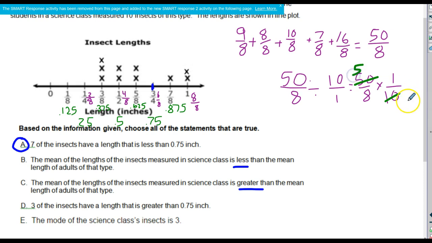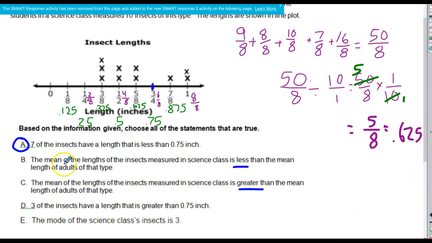The 50 becomes 5. The 10 becomes 1. So this can simplify down and turn into 5 eighths. Okay, and again, if I look over here, 5 eighths, I've already figured out that's the same as 0.625. So I'm going to write that down as well. Equals 0.625.